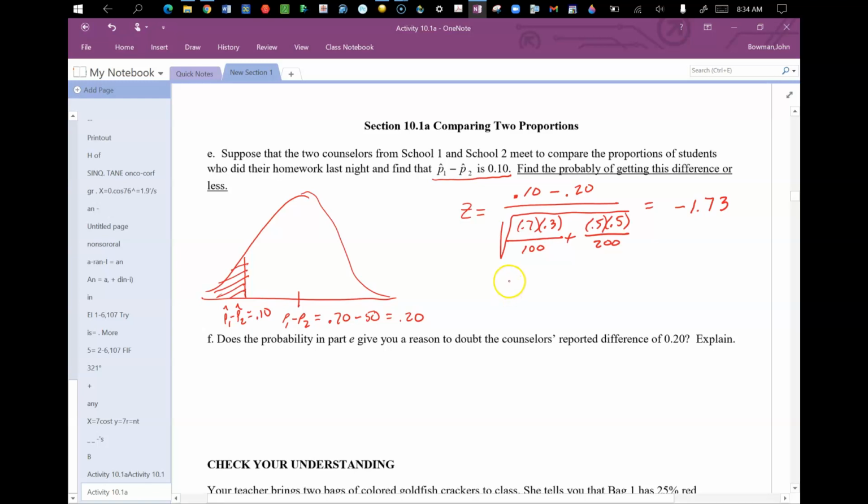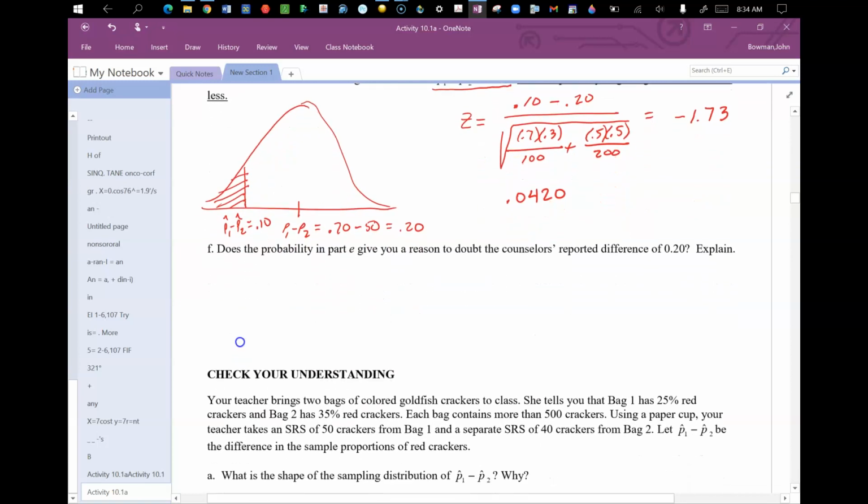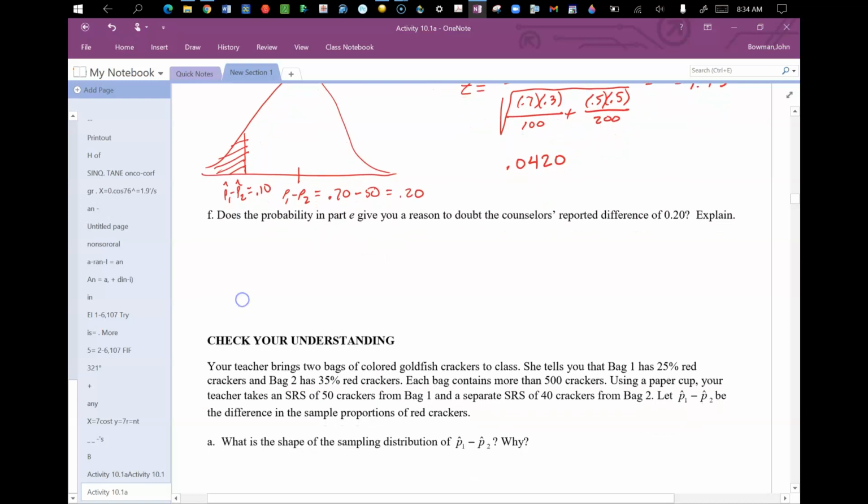Basically, we're calculating a p-value, and the p-value is 0.0420. That's equal to that shaded region. If you got a p-value of 0.0420 and were doing this as a hypothesis test, does that probability give you reason to doubt the counselor's reported difference of 0.2?